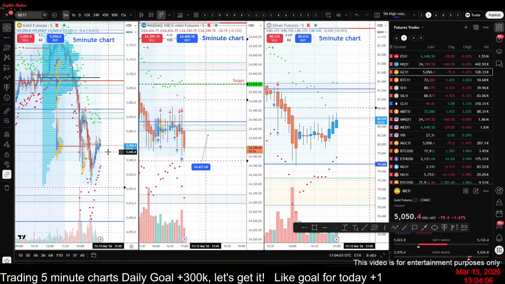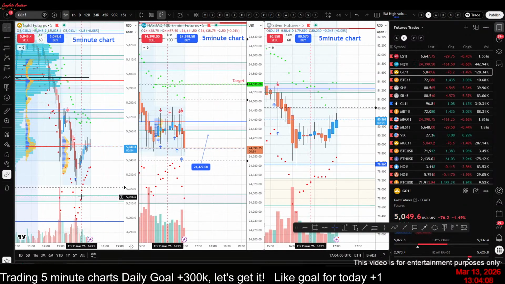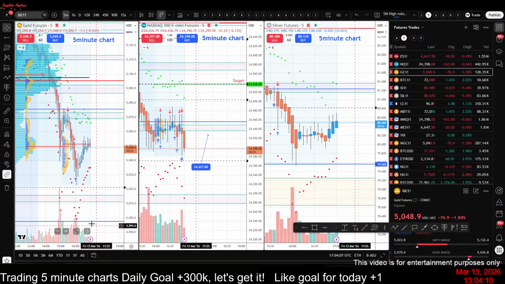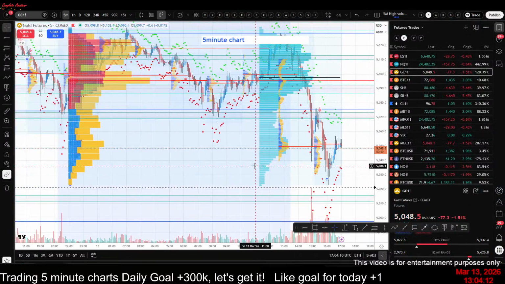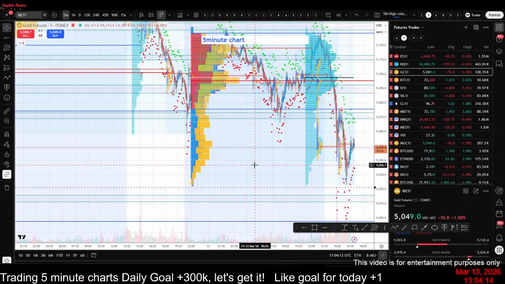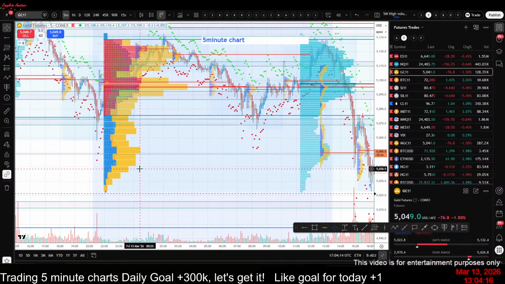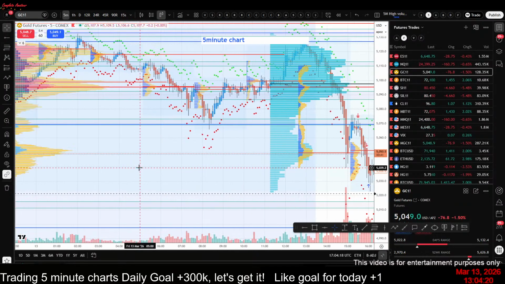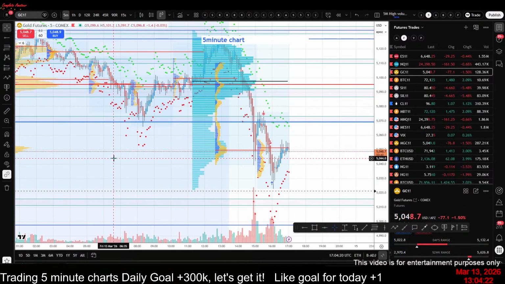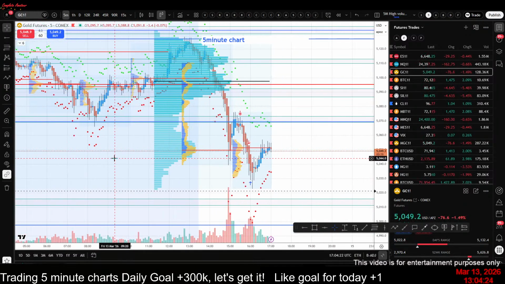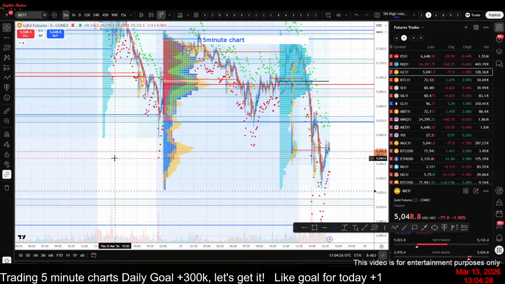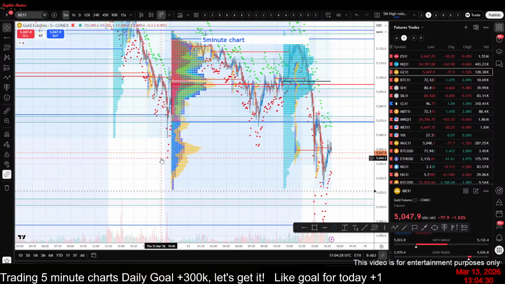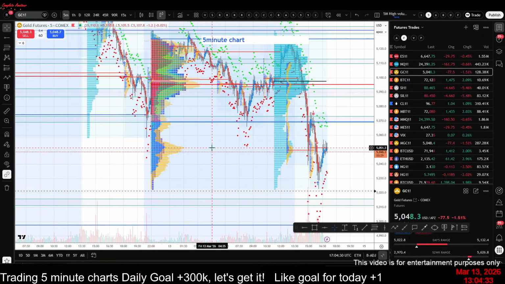And that continuation. Wonder if our friends NQ are going to drag down gold and silver. Let's try and figure this out. It's not a great place to short, to be honest. Maybe it is.